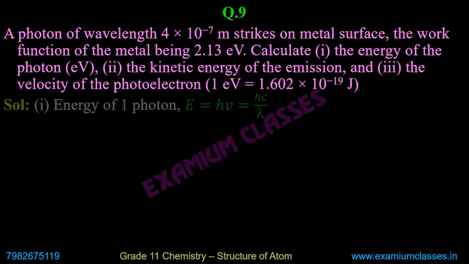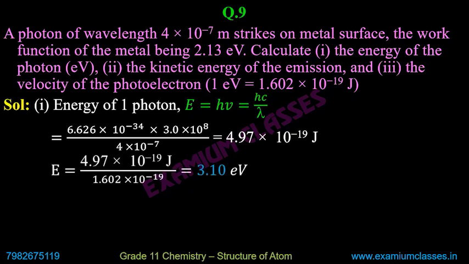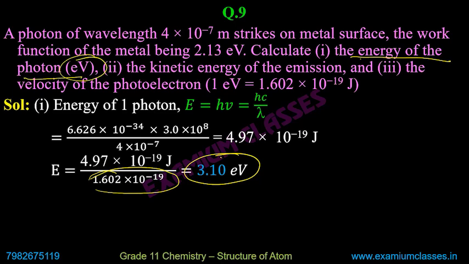How do you do it? Energy of one photon, hc by lambda, is 4.97 into 10 power minus 19 joule. Remember here it is in joule. You will convert it by dividing by 1.6 into 10 power minus 19 to electron volt. That is the first part, the energy of the photon in electron volt.